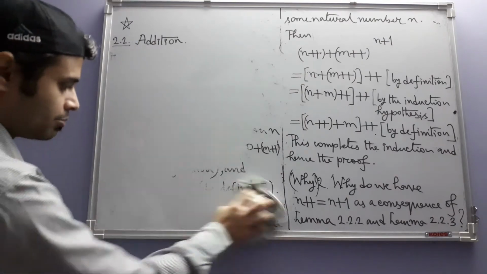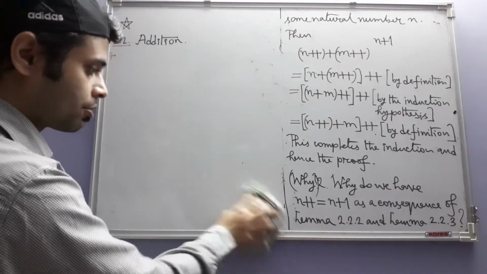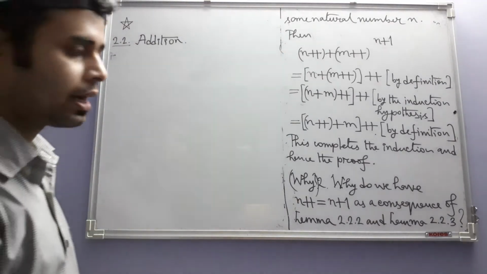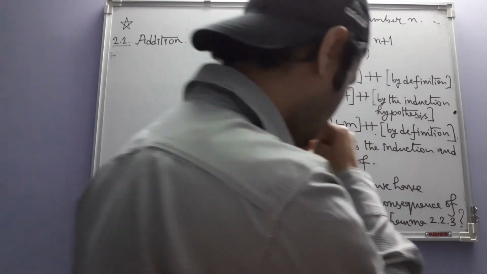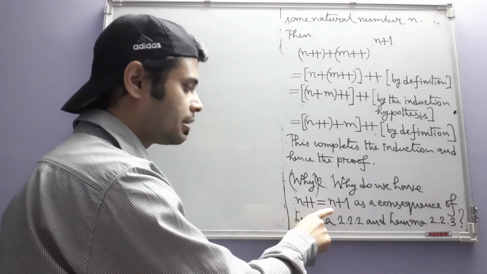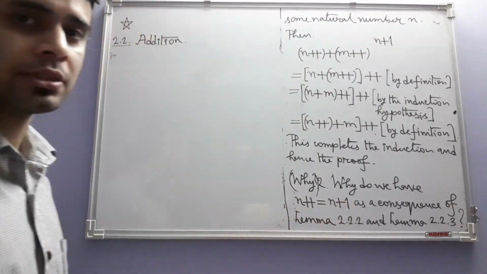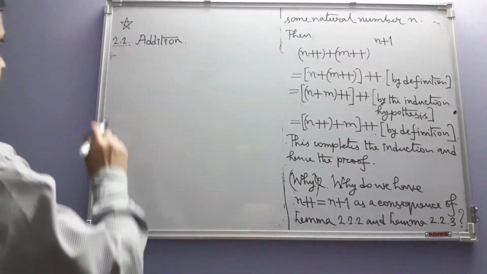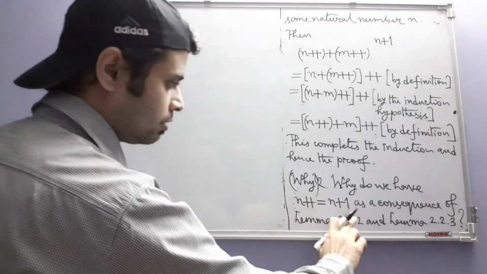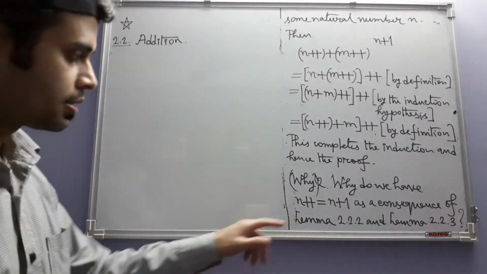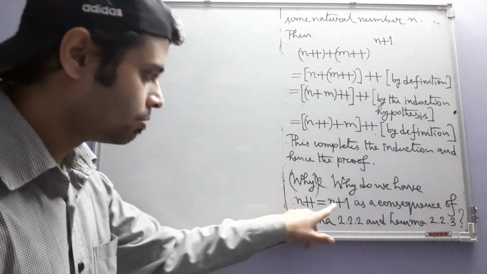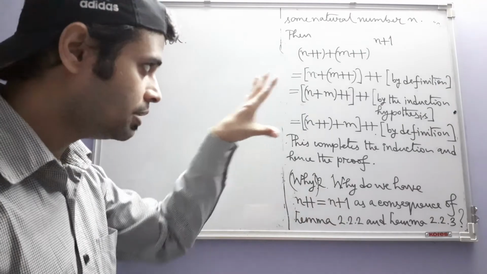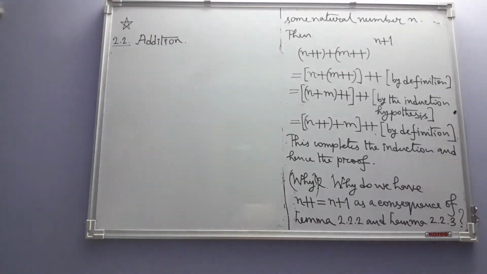Since I don't have commutativity yet, see, I also got confused. That's why these things need our undivided attention, because I started assuming that n plus 1 is equal to 1 plus n. I don't have that yet. I have to prove it. So here the exercise asks us to prove this, and it says that this comes out as a consequence of these two lemmas that we have now proved.